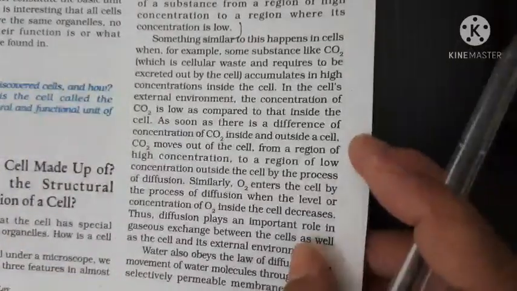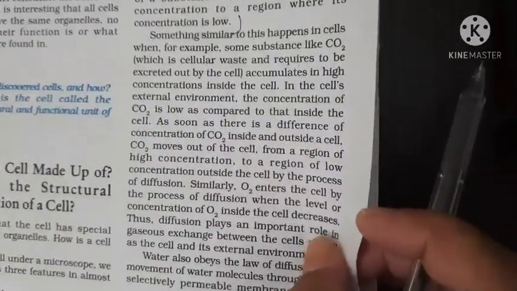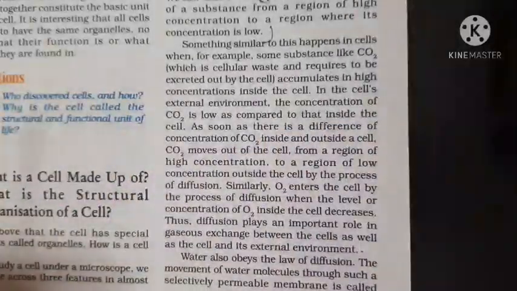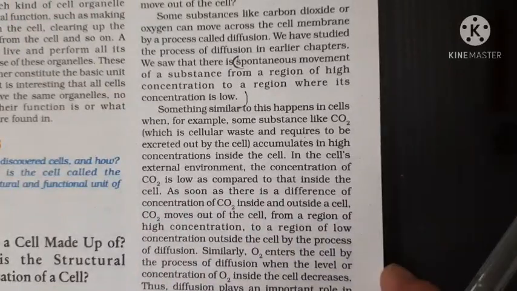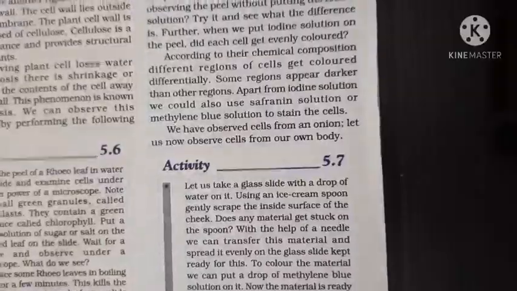Now students, water also obeys laws of diffusion. The movement of water from the region of higher concentration to the region of lower concentration is called osmosis. Very, very important. What is osmosis? Don't get confused.